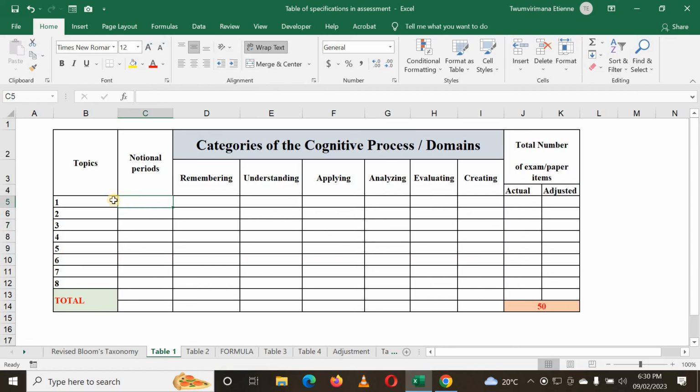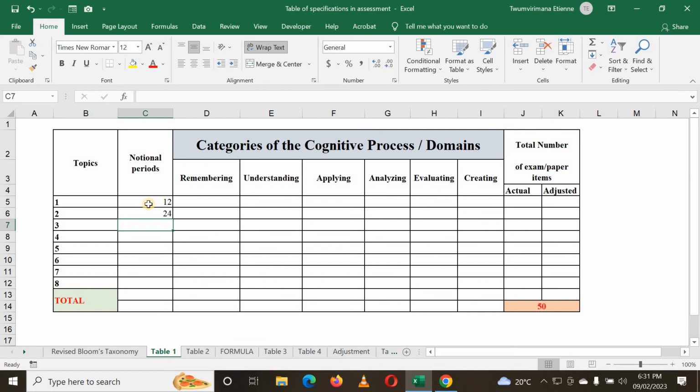Maybe you can find that the first unit, in any lesson, must be taught within 12 periods. The unit number 2 within 24 periods. It depends on how many periods have been assigned to the topic in your curriculum.